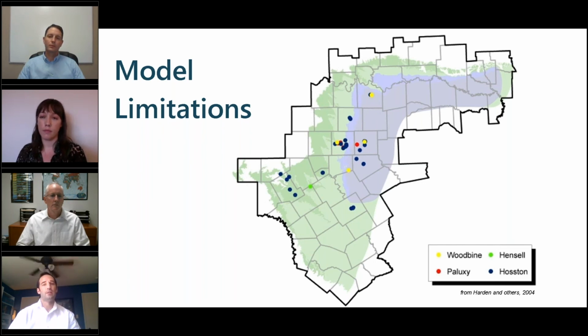Maybe that is a better way to determine recharge and apply it to a model area, especially if it's a regional scale model that combines multiple types of geologic units, versus just applying a single value everywhere, throwing it in your calibration and moving forward. So there are some new advances in modeling technology that we can apply to these models that may be more appropriate or a better solution.